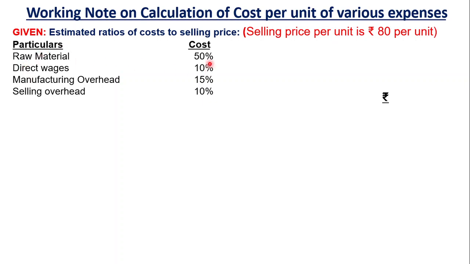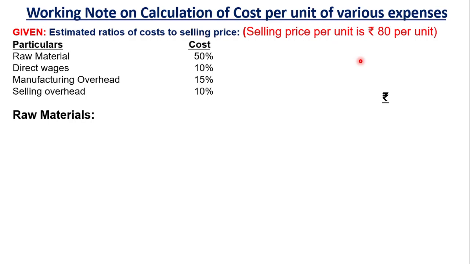Raw material is 50% of selling price, direct wages 10% of cost as compared to selling price, manufacturing overhead is 15% of selling price per unit of 80, and selling overhead 10% as compared to selling price. Now the calculations.